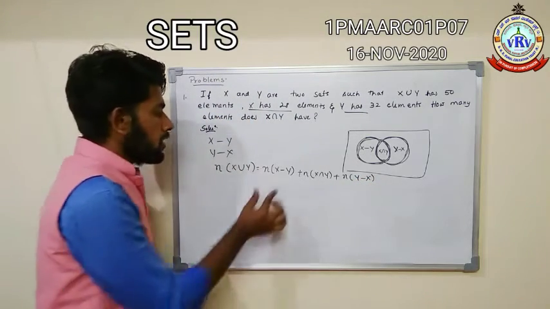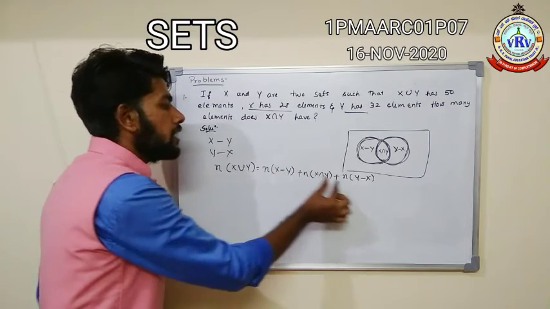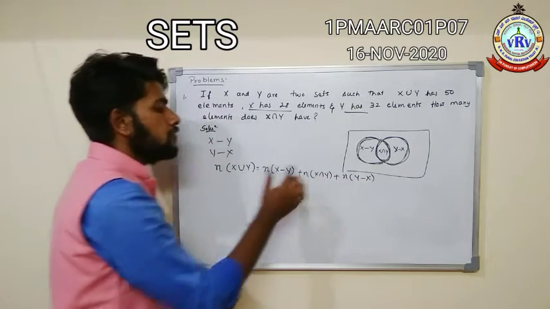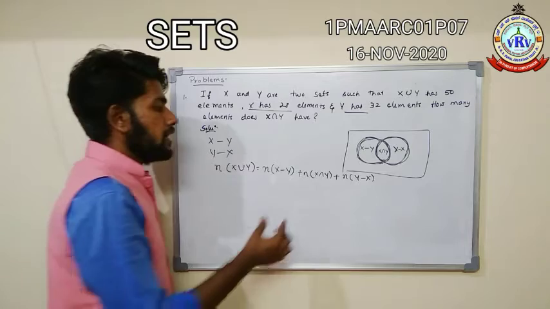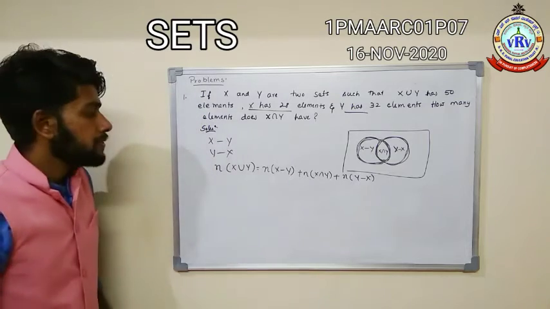If we know the number of elements in x minus y and y minus x, we can easily find the number of elements in x intersection y.